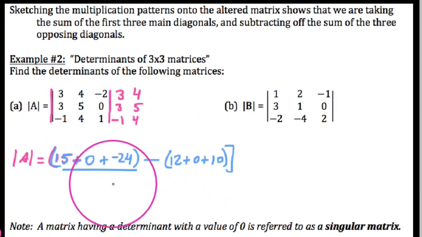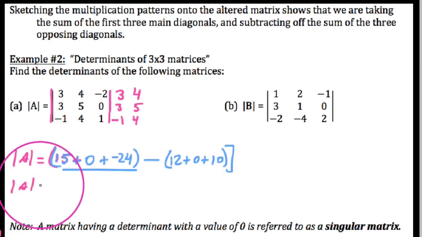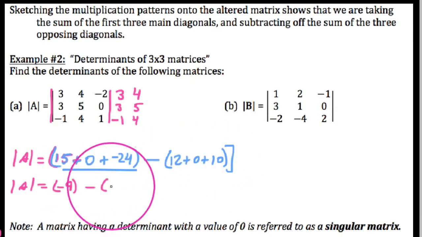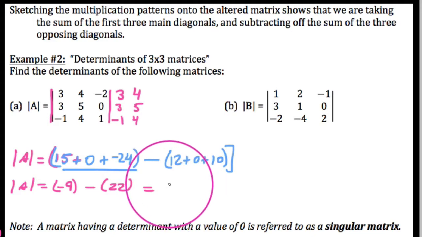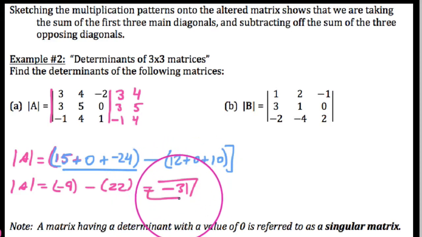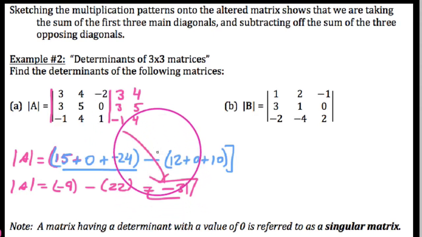So this determinant comes out to be 15 and a negative 24 is negative 9. Minus now, 12 plus 10 is 22. So we get negative 31, when you add these things together. So negative 31 is the determinant of this matrix here.